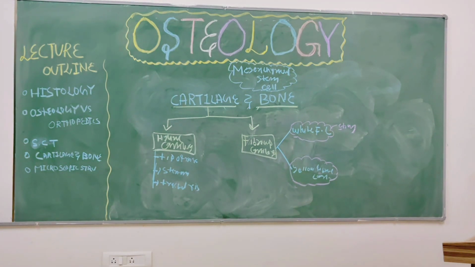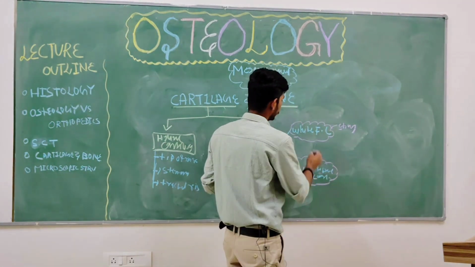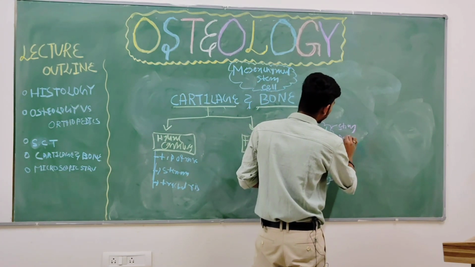Now an example of white fibrous cartilage is the pubic symphysis. Understanding? The white fibrous cartilage is present in the pubic symphysis.